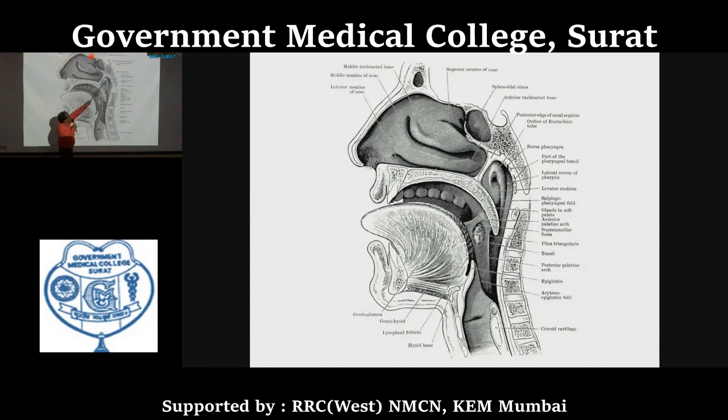Posteriorly, this pharynx is related with the cervical part of the vertebral column, that is up to the level of the sixth cervical vertebra. Of course, it is separated from the cervical part of the vertebral column by the prevertebral muscles and the fascia covering these prevertebral muscles, that is the prevertebral fascia. So posteriorly it is related with the cervical part of the vertebral column.